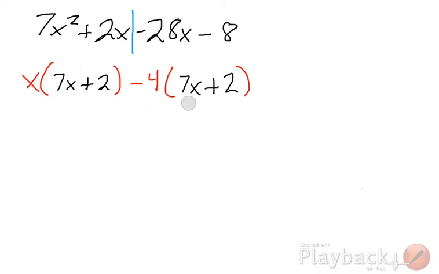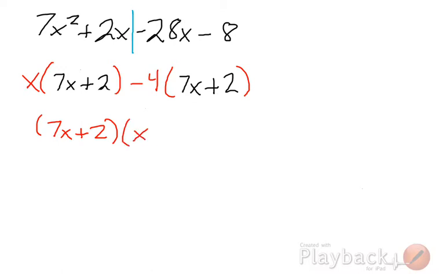And we're going to factor one more time, because these are technically the 7x plus 2 and the 7x plus 2. Those are what we call common factors. So we're going to take the 7x plus 2 and multiply it times the remainder, x minus 4.